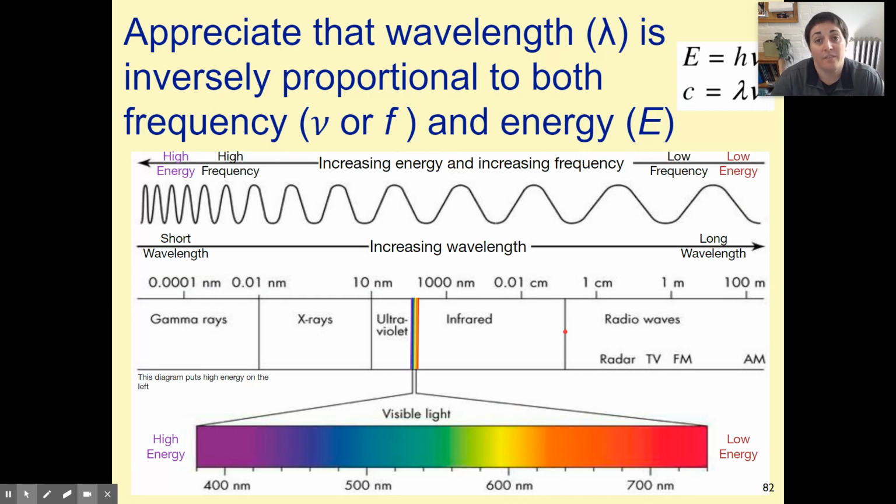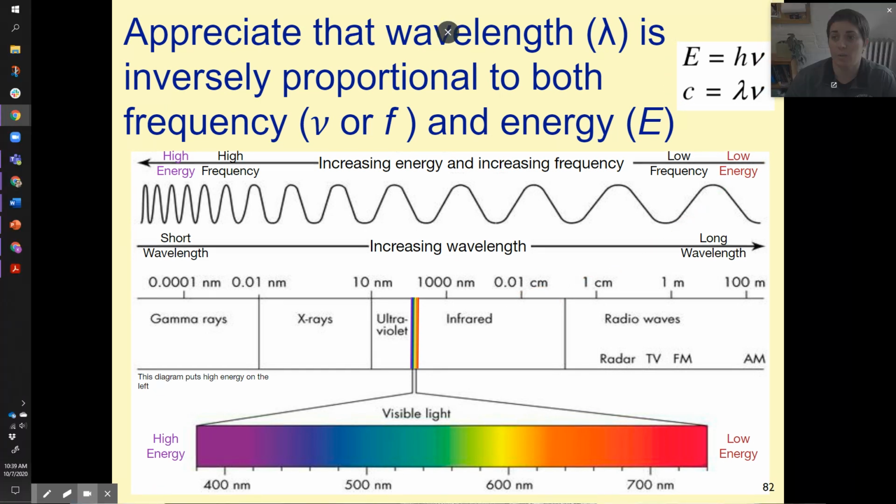For those of you that have taken physics, some of these things I'm about to talk about should sound pretty familiar. But the first thing that I want to go over is these two equations right here. So the first one is that energy is equal to Planck's constant times frequency.